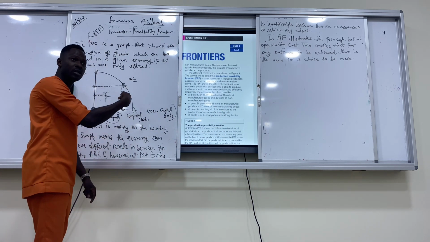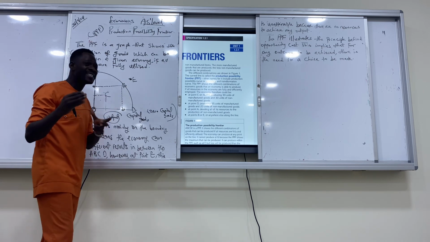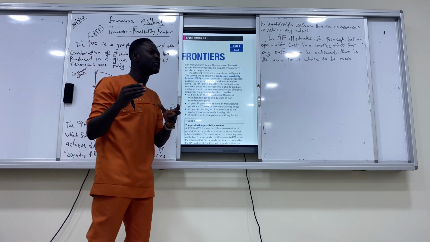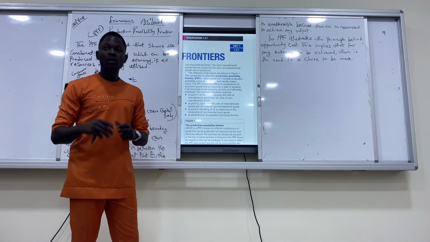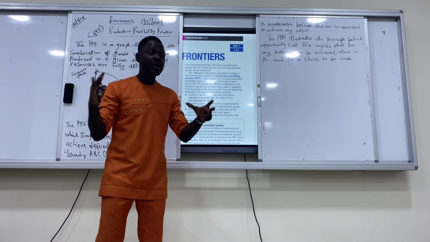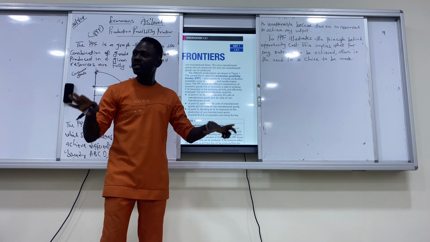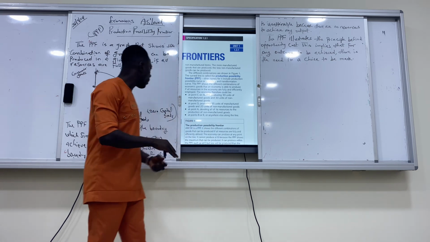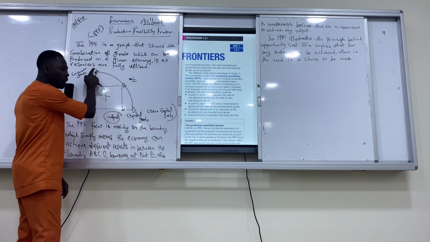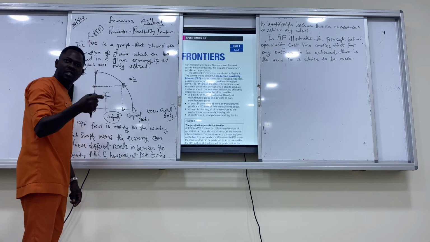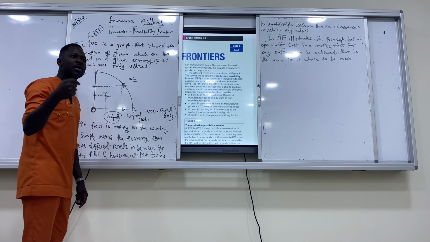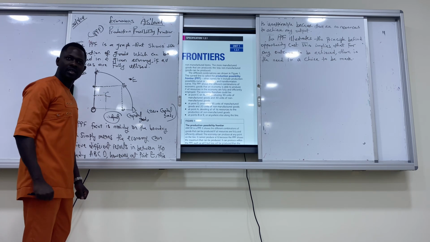So the inward of a PPF shows that the economy is not fully utilizing its resources. It's not at its full potential. Your potential is what you are able to produce. Your ability, that's your potential. Our ability should be around here, but we are here. It means something is missing. And what's missing? Our unemployed resources. Do we understand? Yes.